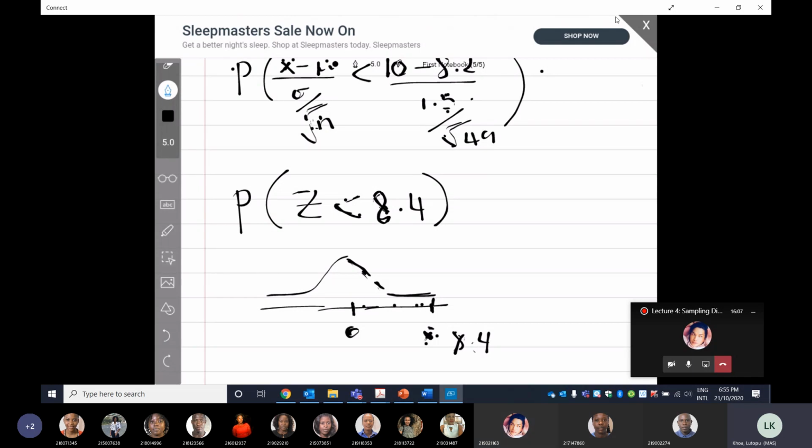The area that we want, let me shade it, is this area over here, because we want all the values that are less than Z. So what we do is we go to our table.